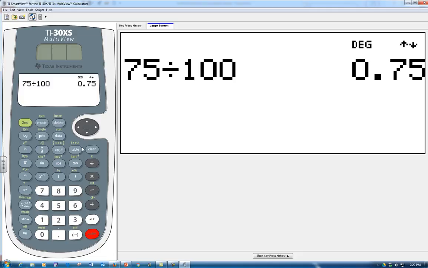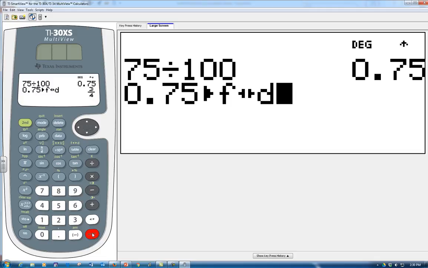Now your calculator has a button on it that does fraction to decimal, and going back the other way, that's this FD. So if you hit this second key and that button and enter, it's going to change it to a reduced fraction. So we've just changed 75% to a decimal and to a fraction.